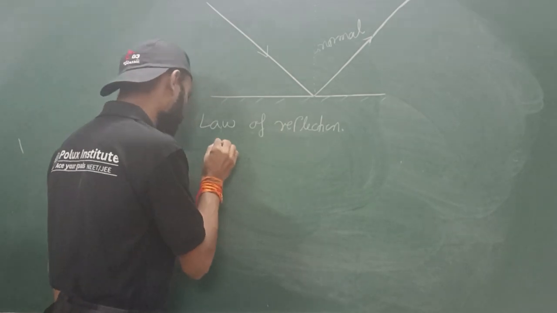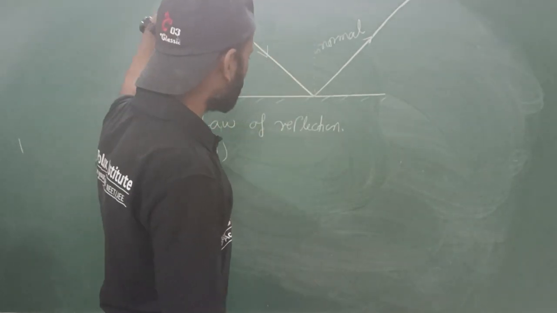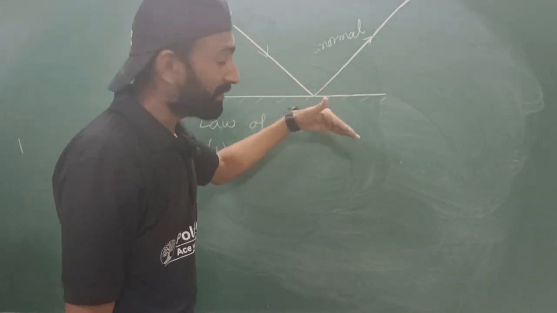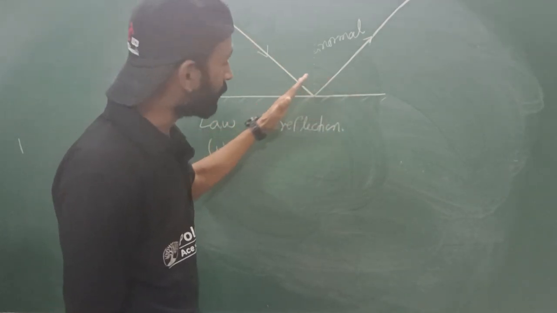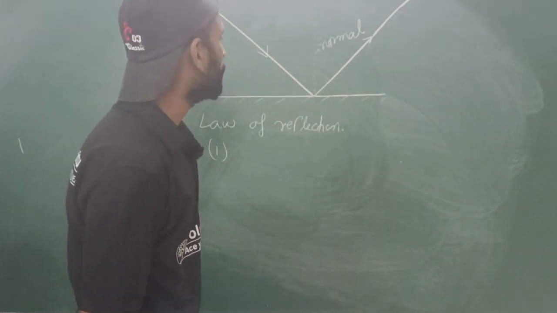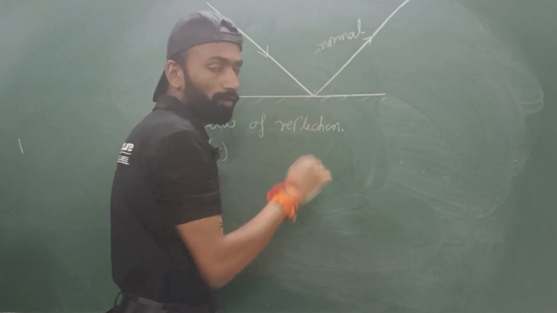The first law is, try to understand. If this light is coming and striking the surface and returning back into the same medium, this line that has been joined is called normal.